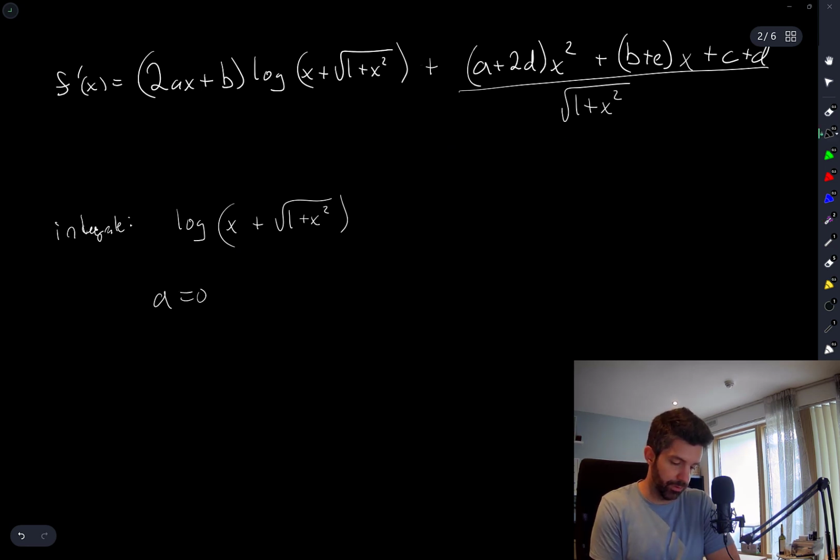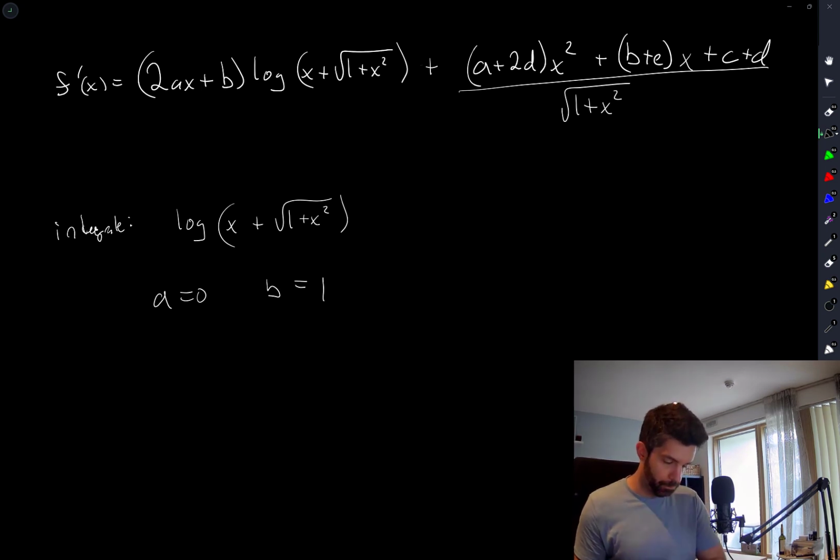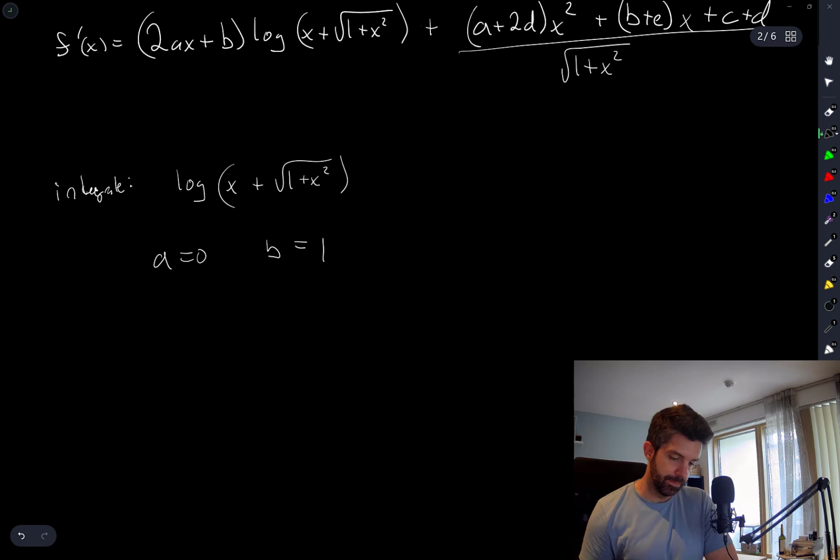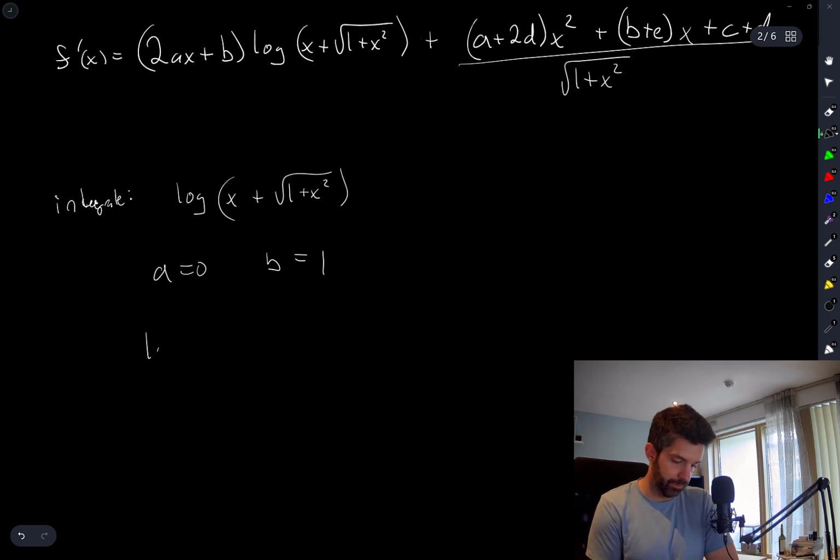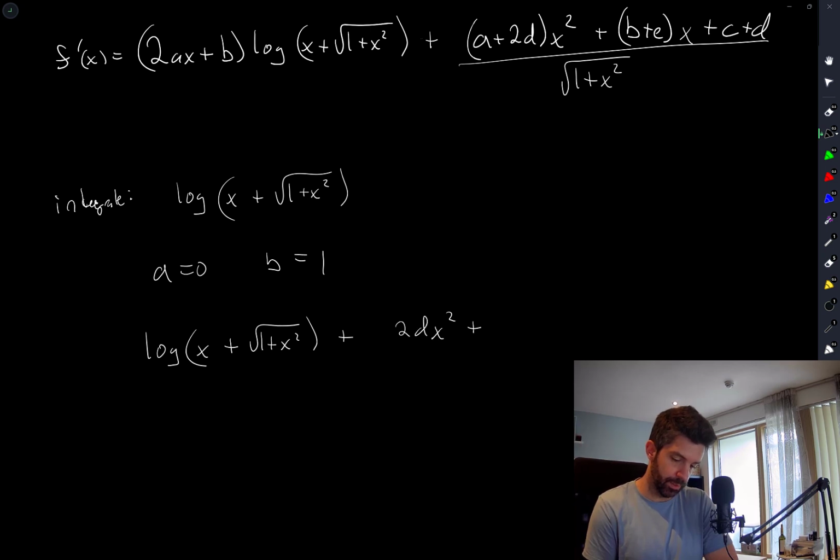So a is equal to 0, b is equal to 1. This gives log of x plus the square root of 1 plus x squared, plus 2dx squared plus (1 plus e)x plus (c plus d), divided by the square root of 1 plus x squared.